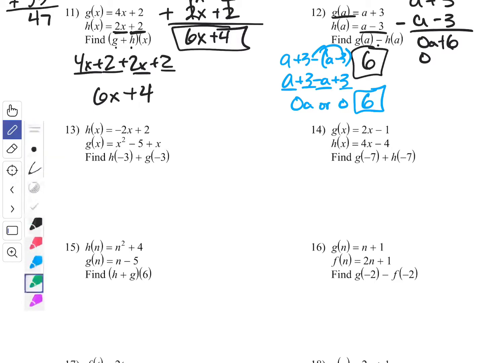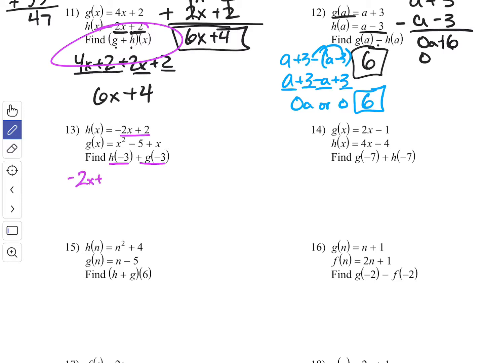The first way would be to treat it like we did up here. First we would add these two functions. So I'd go negative 2x plus 2 plus x squared minus 5 plus x. So x squared, negative 2x plus x is negative 1x. 2 minus 5 would be minus 3.